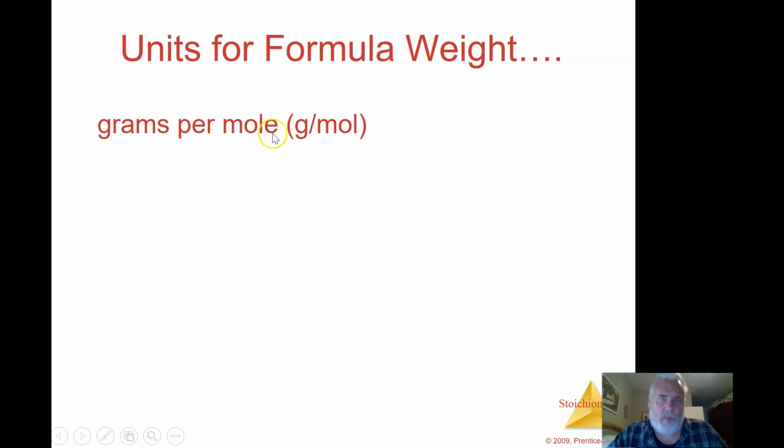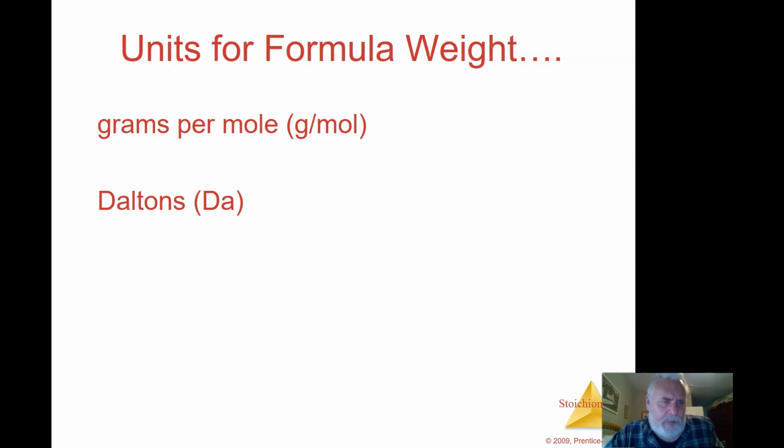You abbreviate mole by taking the E off. But you can't really use any of the other ones because M means meter, MO is molybdenum. So we will use that abbreviation for grams per mole. And that's the one that I want you to use.